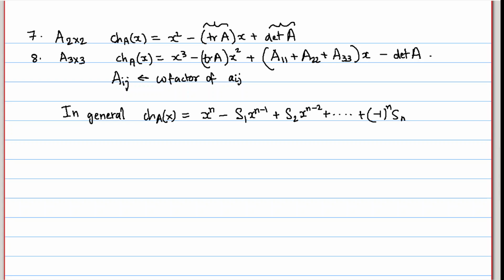You might be thinking, what is s1, s2 and all that. So sk is the sum of all principal minors of order k.